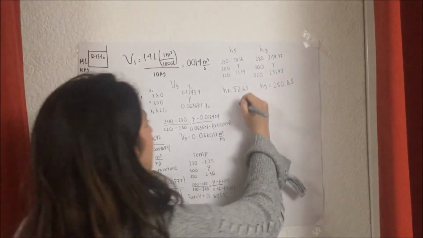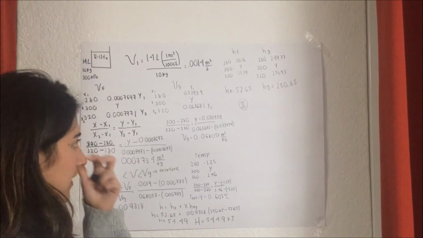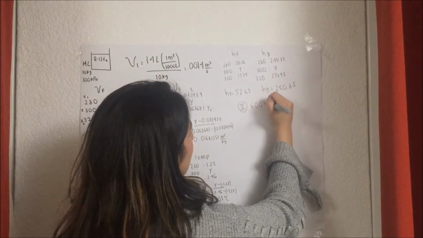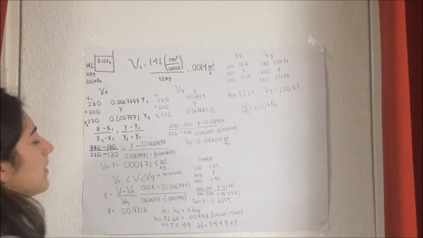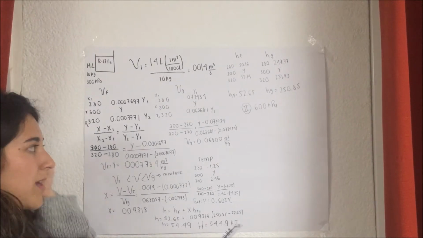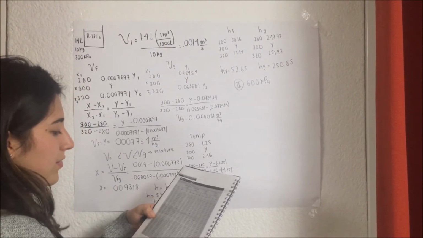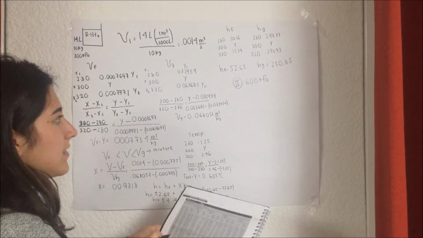Now for part 2, the problem states that it's 600 kilopascals. So we look for the values in table A12, and in this case we already have these values because 600 kilopascals is in the table.